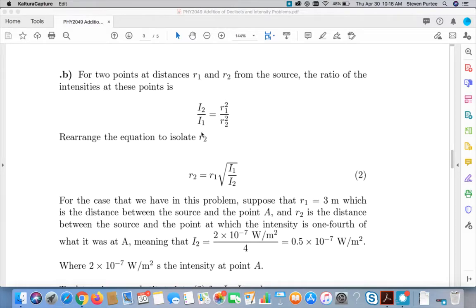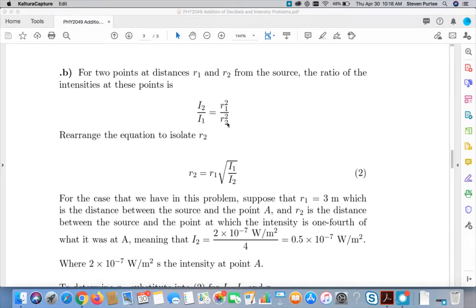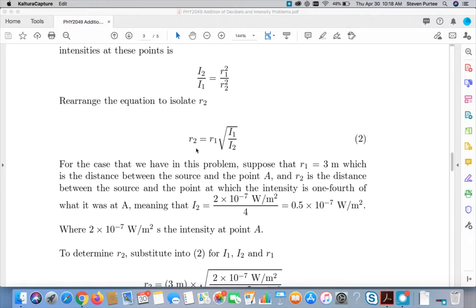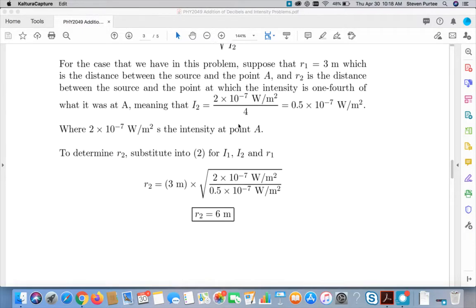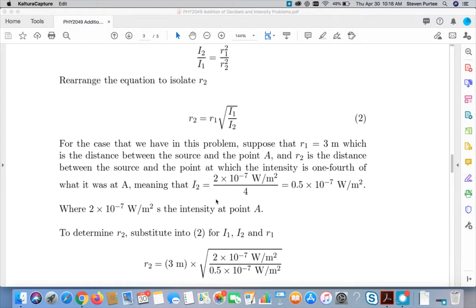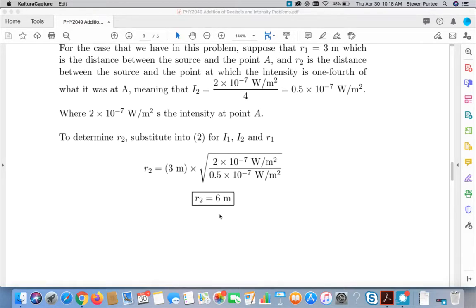So the ratio of two intensities at different radii, I2 over I1, would be R1 squared over R2 squared. We can solve this for R2. We know the intensity at A. We solved that a minute ago. We know R1 equals 3. We could solve for I2 and plug everything back in and get R equals 6.